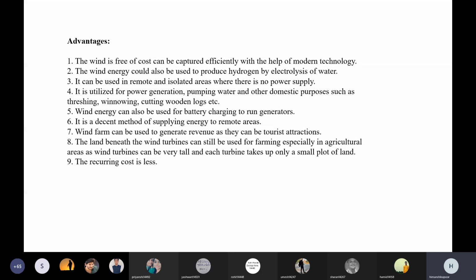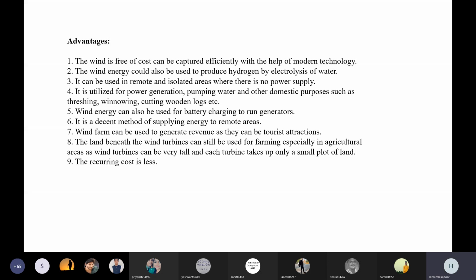So you can always use the energy of the windmill. And then you can supply energy to the remote areas. So the areas where other energy resources could not be set up and you have ample amount of wind flowing over there, then it is very easy to set up the wind farm, and energy can be supplied to areas which are inaccessible.